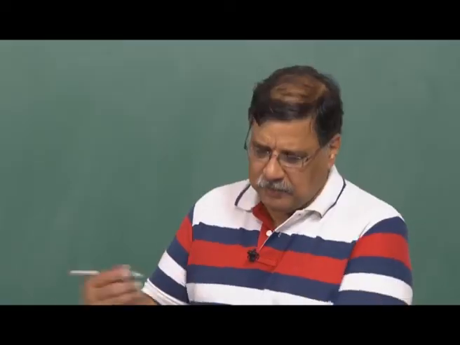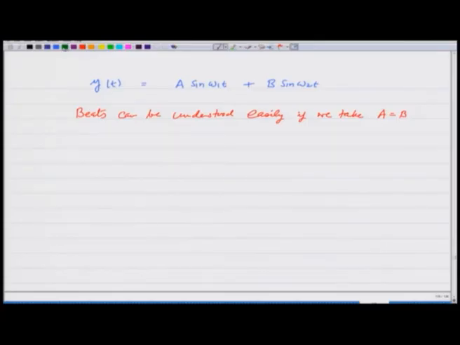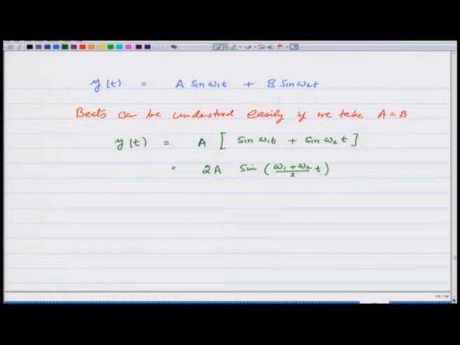If they are different, I will work that out also a little later, but in this case what I will have is y t is equal to A times the bracket sine omega 1 t plus sine omega 2 t, which I can write as 2A sine of omega 1 plus omega 2 over 2 t times cosine of omega 1 minus omega 2 over 2 t.